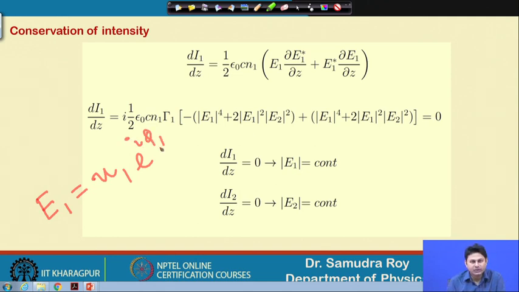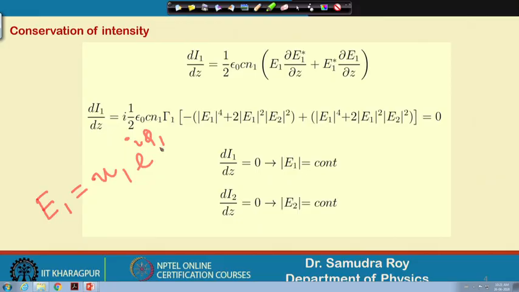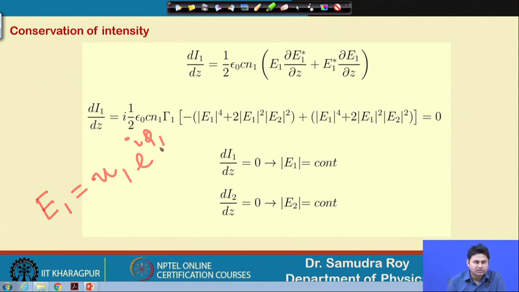This is the standard way to divide any complex amplitude, because we know that E1 is a complex quantity. Once E1 is a complex quantity, we just divide it into two parts, the amplitude part and the phase part. If you look carefully here, we divide this into two parts, U1 and i phi 1.